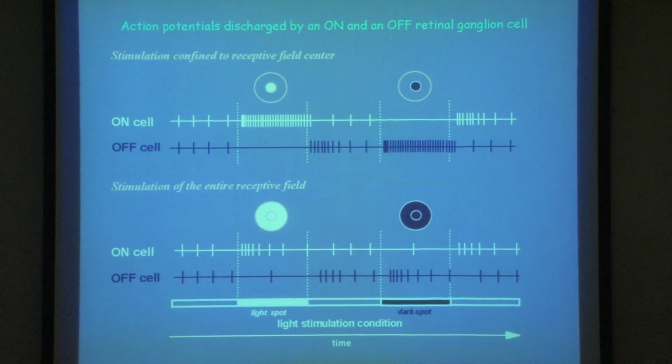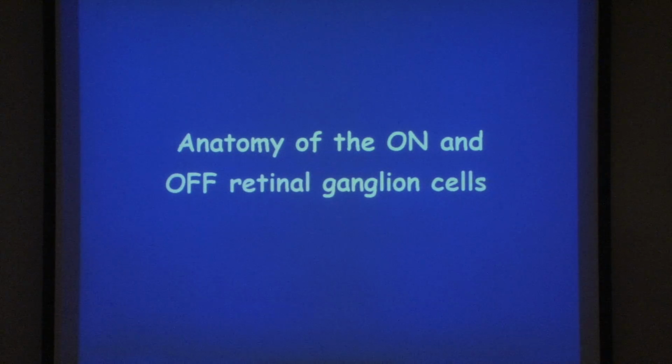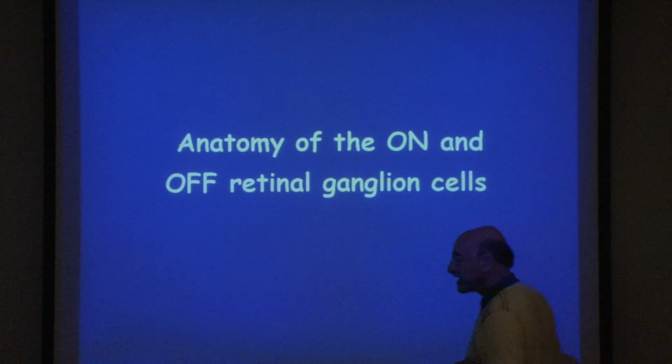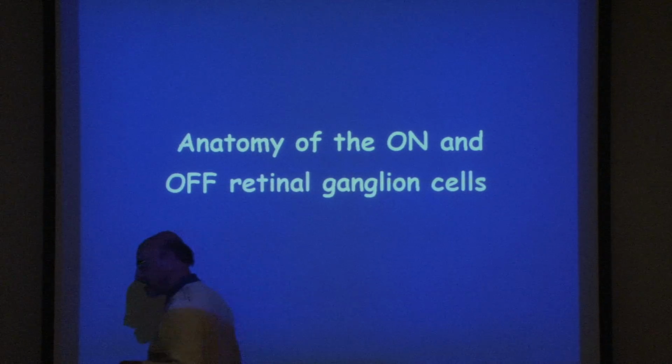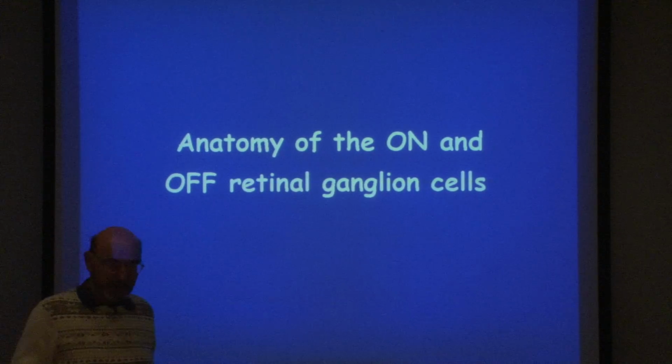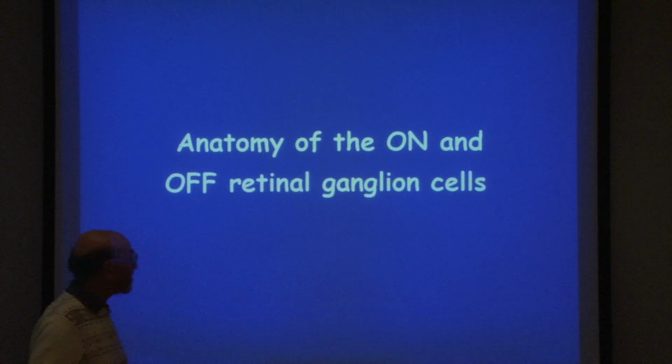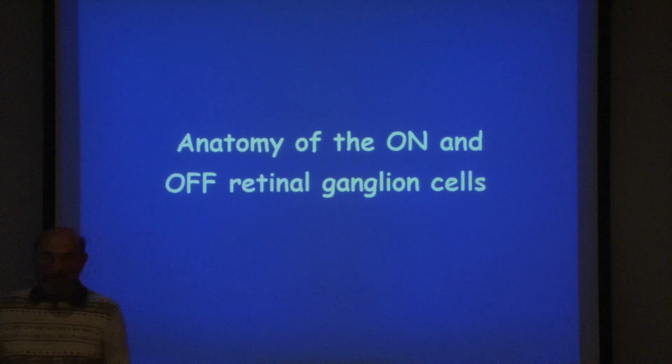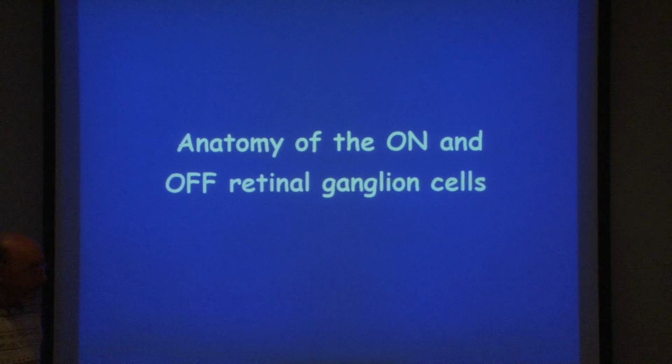Okay, so now we are going to next look at the anatomy of the on and off ganglion cells. And as we look at these various ways of studying the on and off channels, we are gradually going to understand what these two systems are really for.